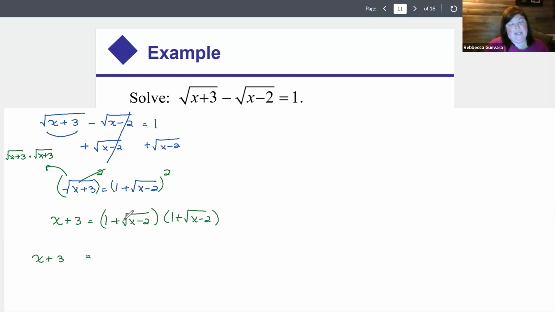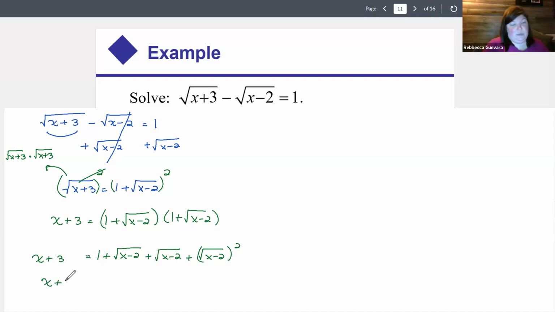If we expand this, we're going to have 1 plus 1 times the square root of x minus 2, so we're going to have the square root of x minus 2 times 1 plus the square root of x minus 2. The square root of x minus 2 times the square root of x minus 2 is going to be the square root of x minus 2 squared because we have it twice.